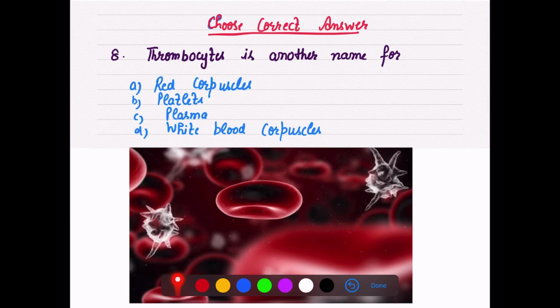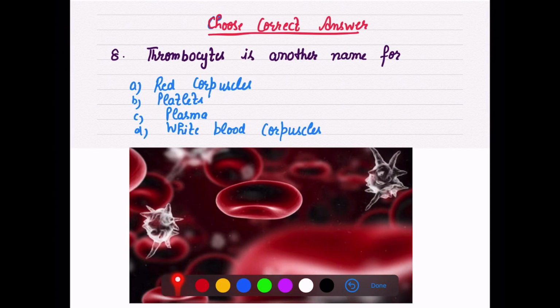You know the answer, only you have to think a little bit in that direction. Thrombocytes is another name for. So please mark your correct answer. I'm going to move to the next question, and I hope you have marked the correct answer of this question.